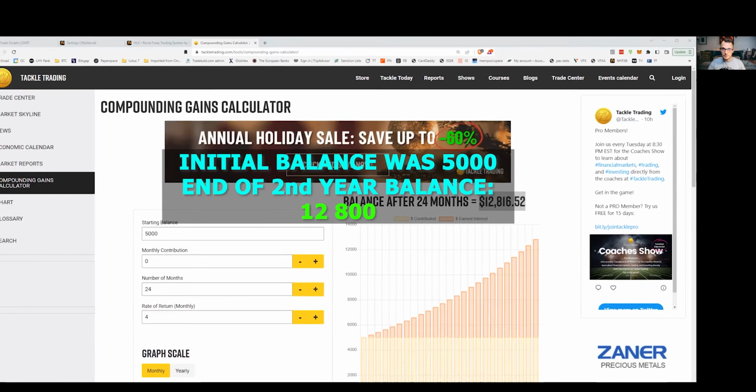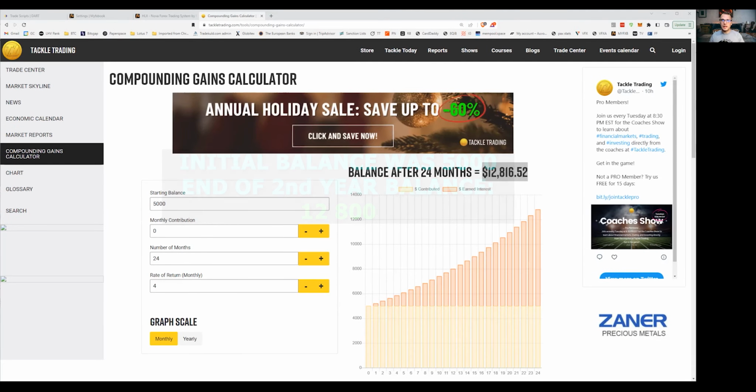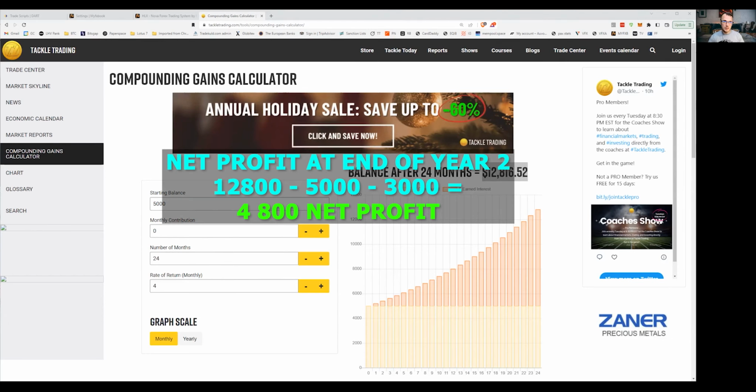So now I want to find out how much profit that is actually. So I'm gonna remove the initial balance of 5,000. So that's 12,800 minus 5k. I'm left over with around 7,800, and we also have to take off the license fees for 2 years, which approximately is 3,000. The net profit for 2 years is around 4,800.